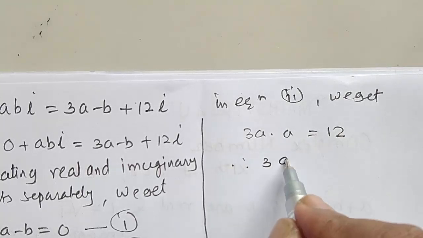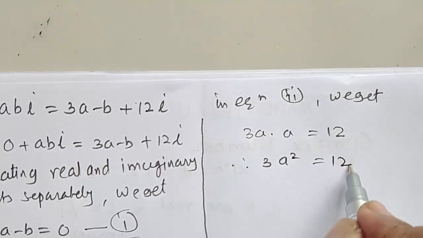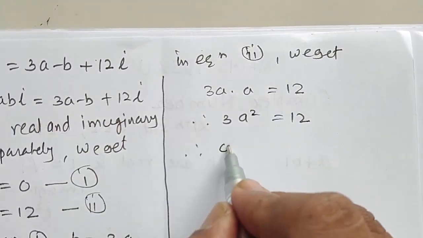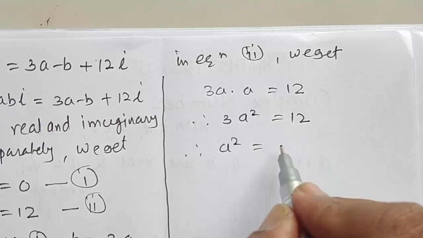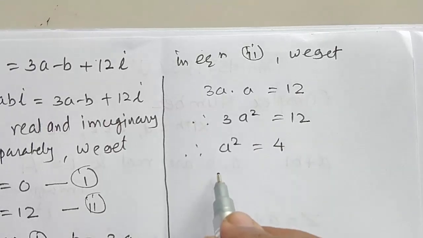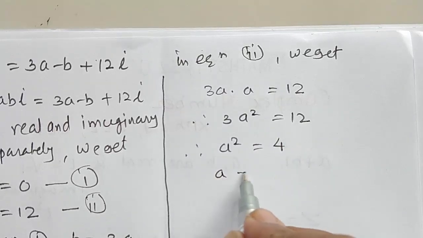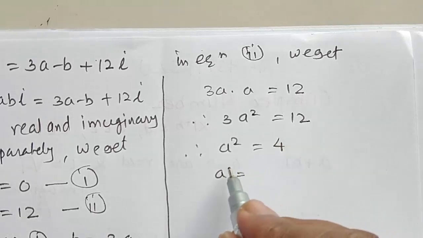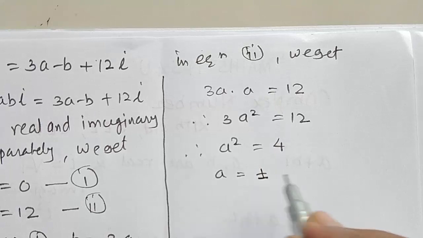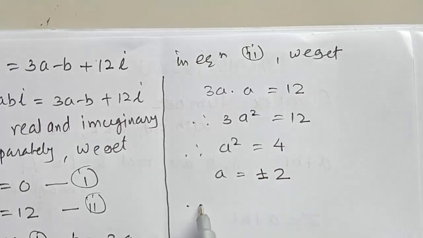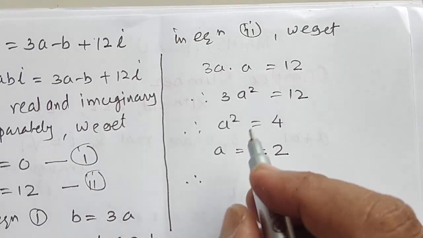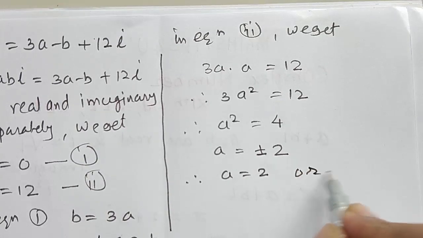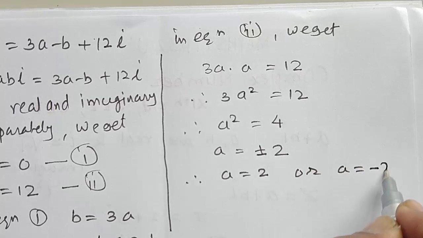Therefore, 3a square is equal to 12. Therefore, dividing by 3, we get a square is equal to 4. Now, taking square root, a is equal to, the square root of 4 is 2. Being a square, so we take plus or minus 2. Therefore, we got two values of a. a is equal to 2 or a is equal to minus 2.